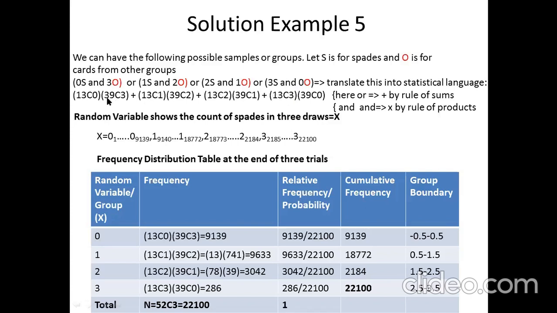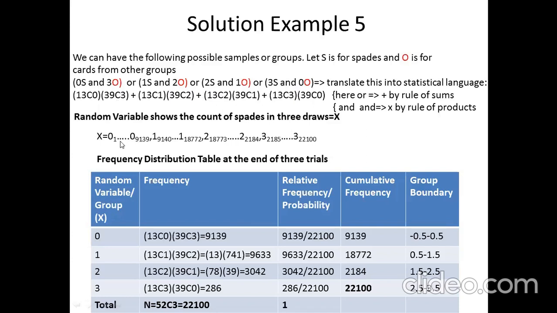It means we have the random variable x. It can have values like 0, 1, 2, and 3. And the frequencies of 0, 1, 2, and 3 are equal to the product of these combinations. So if we do the product of these combinations, 13C0 into 39C3 equals 9139.